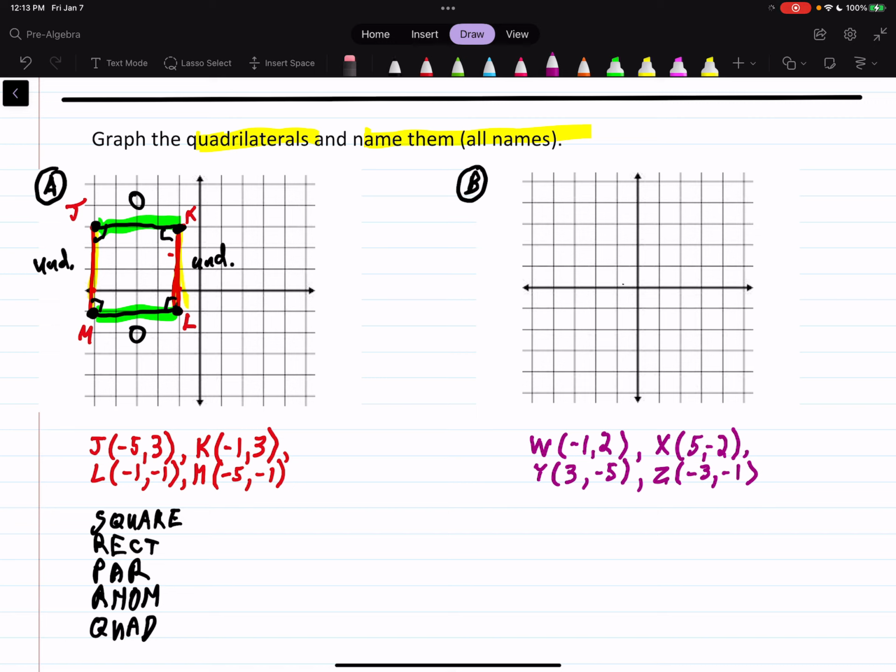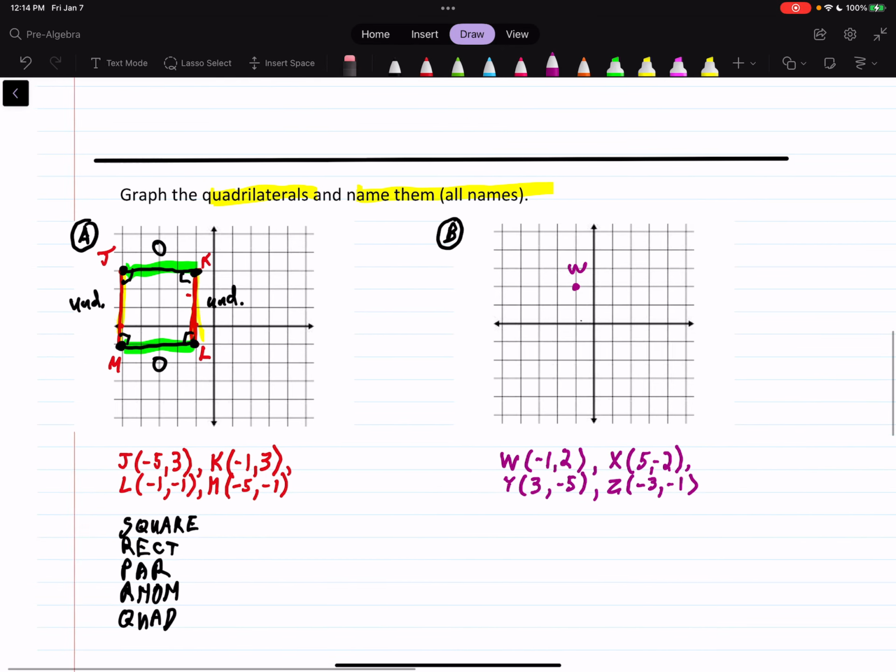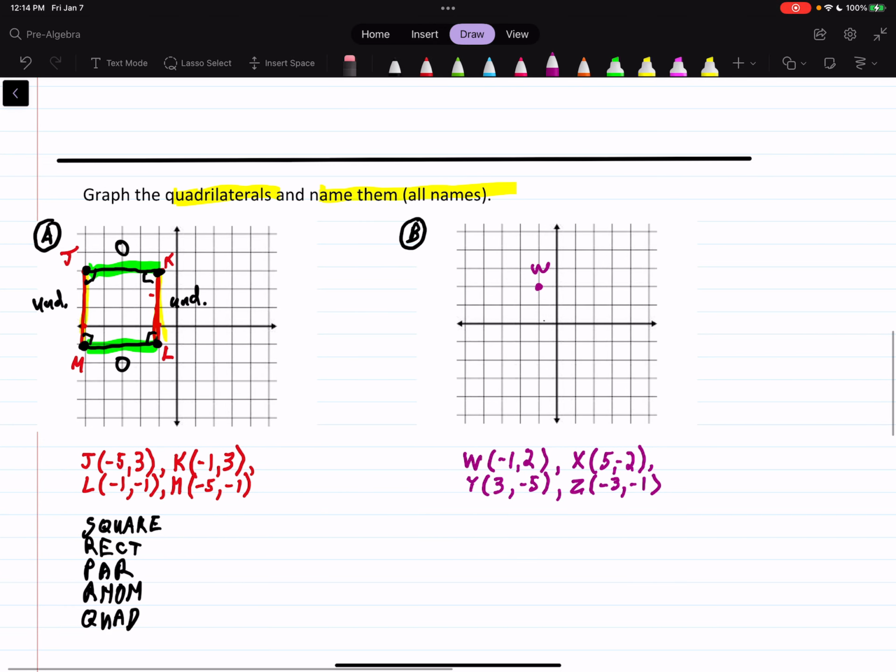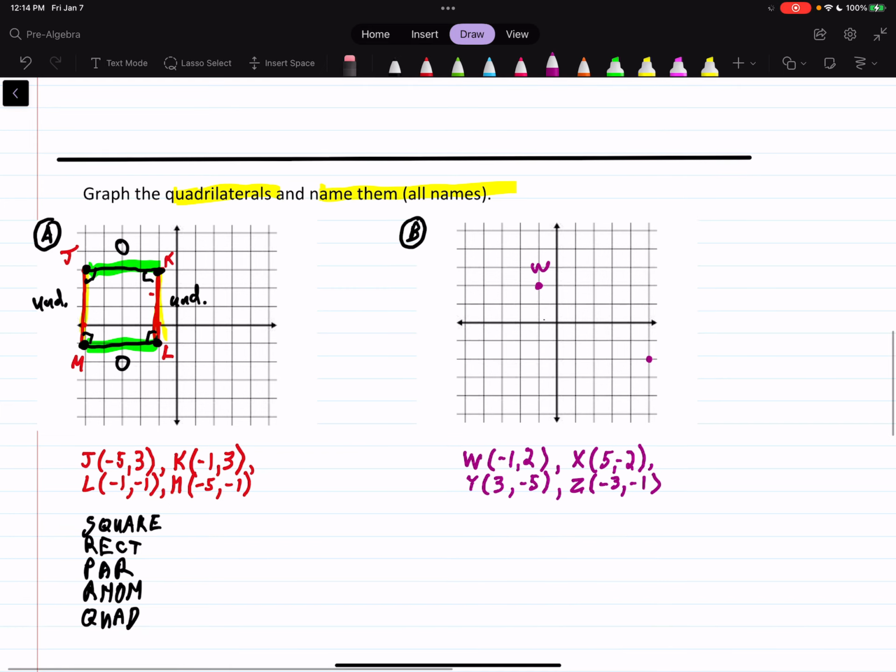Let's map out our points. -1, 2 is right there, and that's W. Then 5, -2. Oops, let's draw that back. 5, -2 is right there. 3, -5 is right here.